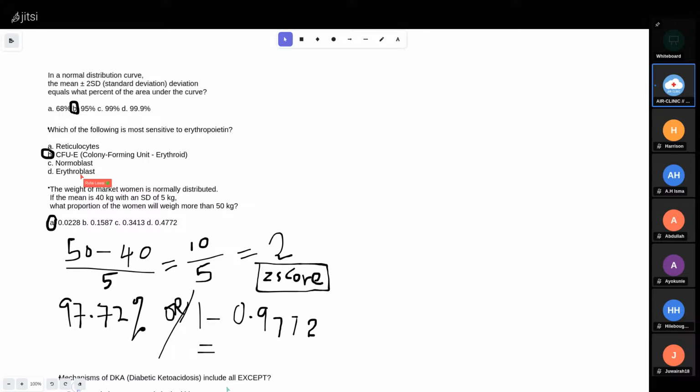So which vaccine produces immunity by T cell mediated immunity?